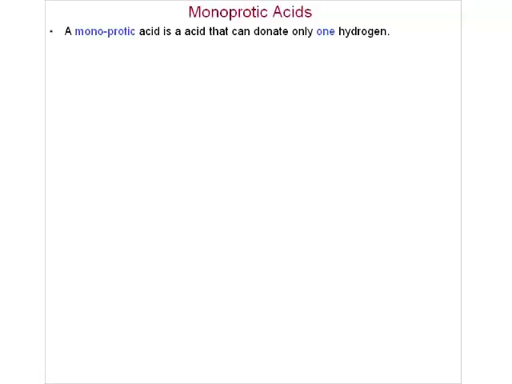Okay, now we're going to start our little discussion here on polyprotic and polybasic species by looking at a monoprotic acid. Now, monoprotic simply means mono means one, protic means a hydrogen ion. So we're going to be talking about acids that have only one hydrogen that they're capable of donating. A couple of examples would be things like hydrochloric acid, nitric acid.